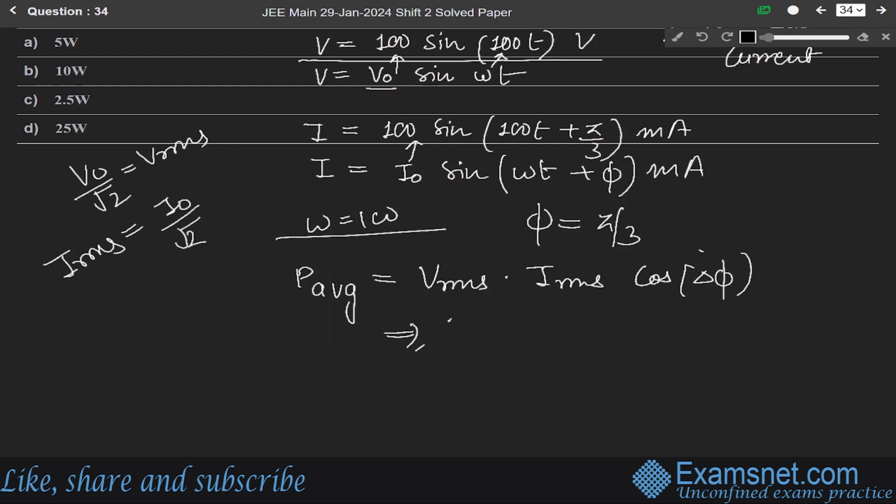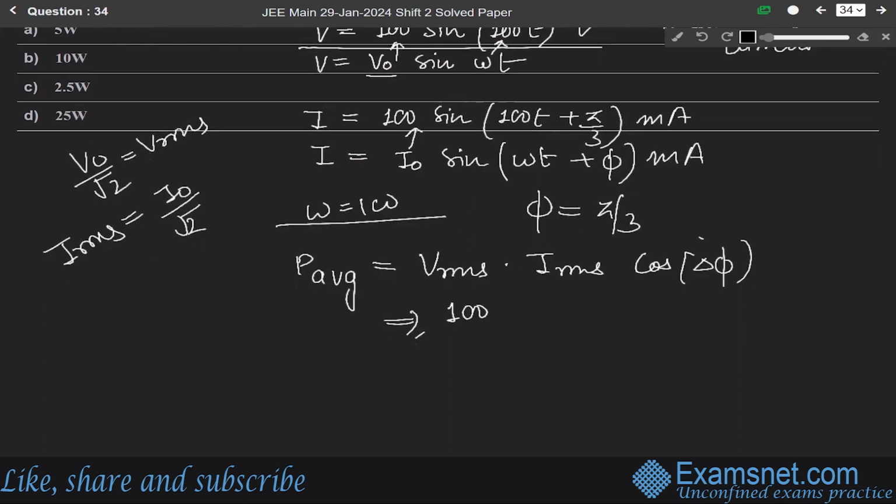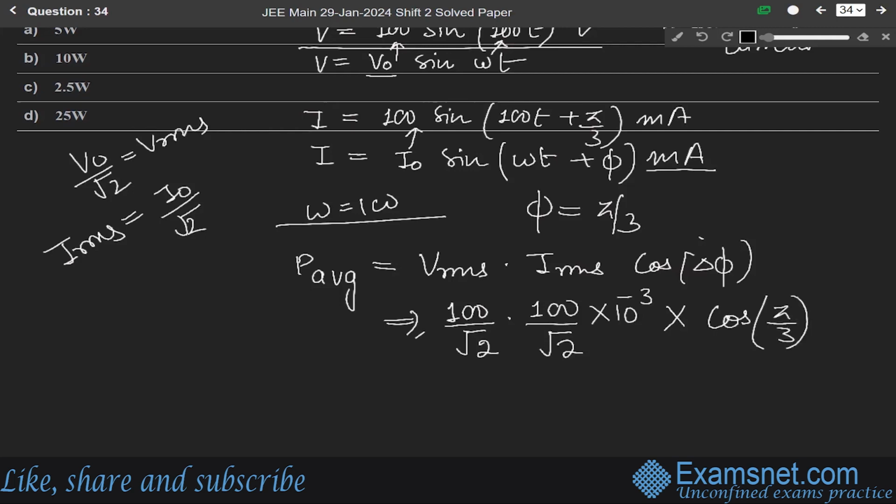V naught is 100. So 100 by root 2 into IRMS, I naught by root 2, means 100 by root 2. And it is in milliampere, so into 10 to the power minus 3, into cos delta phi, means cos pi by 3. Pi by 3 is the phase angle.